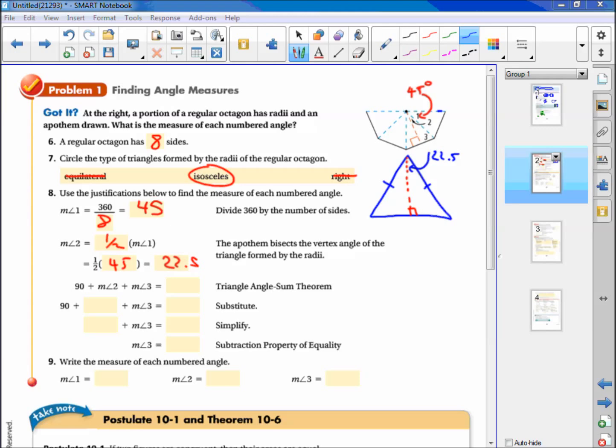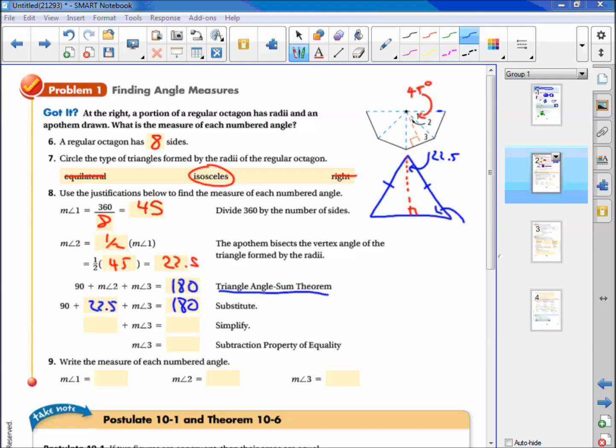Now we're looking for this angle in here. It's going to form a little right triangle in there. So our angles are going to be 90 plus measure of angle 2 plus the measure of angle 3, and they're going to make a whole triangle, which is 180. And that's the triangle angle sum theorem. And then we can replace angle 2 with 22.5. That's the substitution.